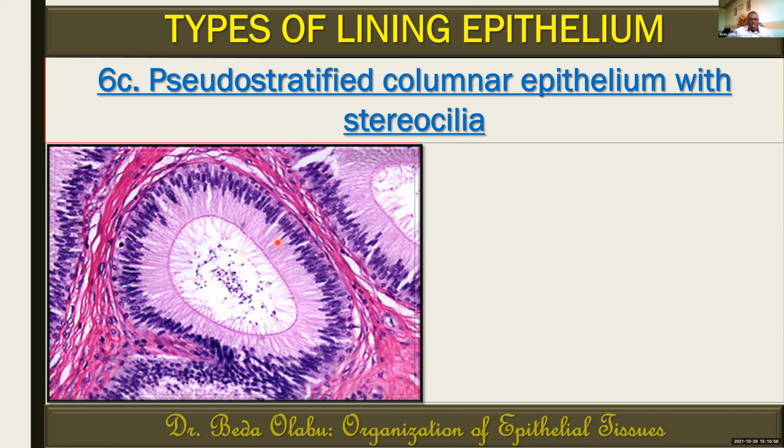How do you distinguish stratified from pseudostratified? In stratified epithelium, the nuclei will be present in all the zones. While in pseudostratified epithelium, the apical zones, these ones, will be relatively lacking the nuclei. They are relatively devoid of the nuclei.